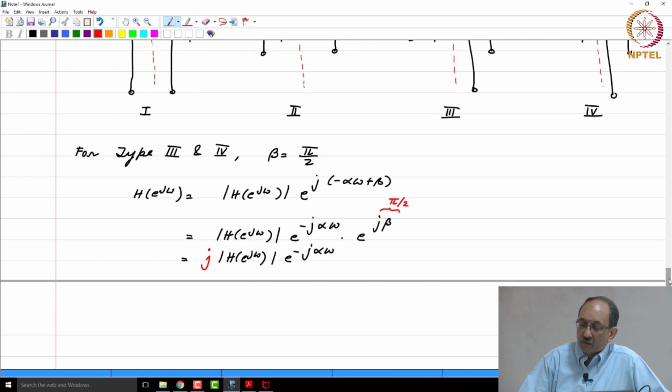Phase response is linear, it is minus alpha omega plus beta, and alpha is n minus 1 by 2, and the phase response is purely dependent only on the length n and is independent of h of n.